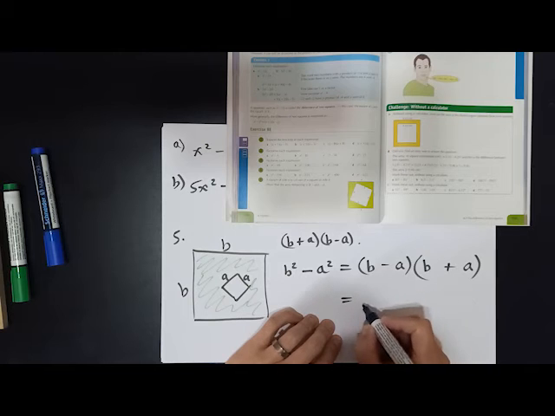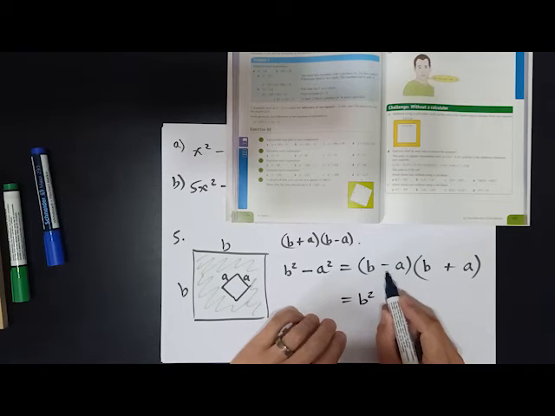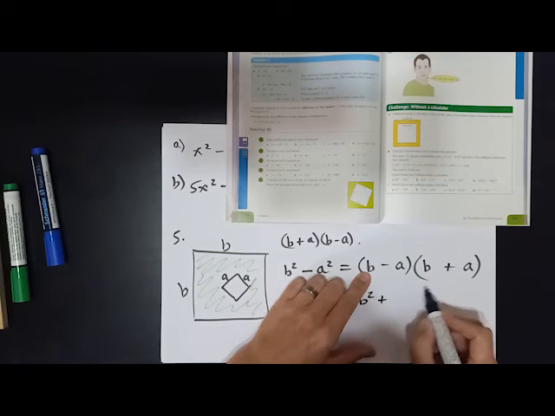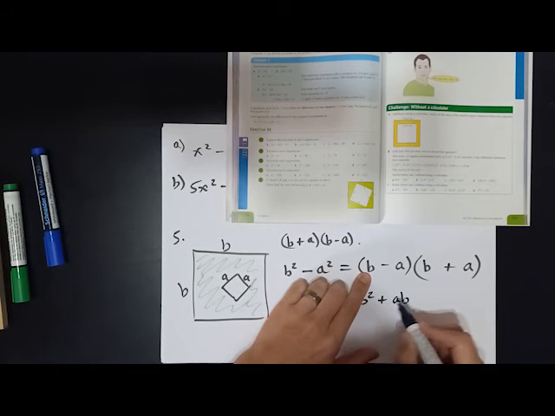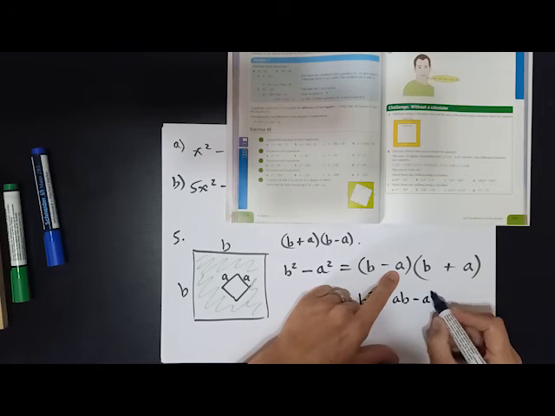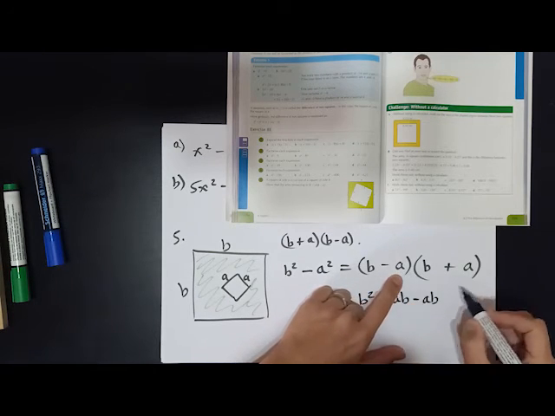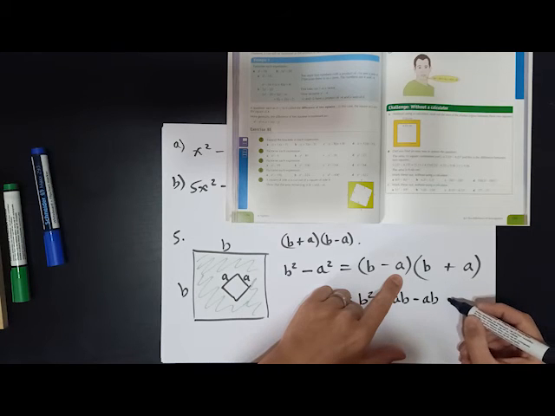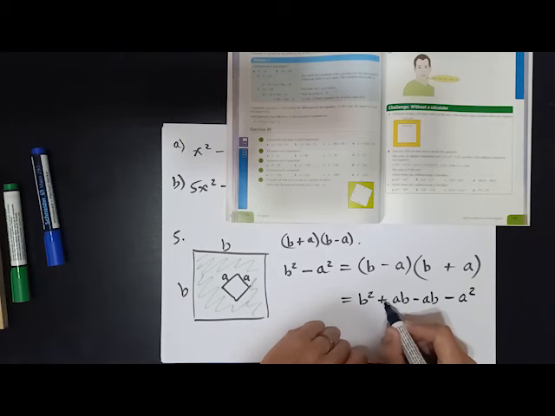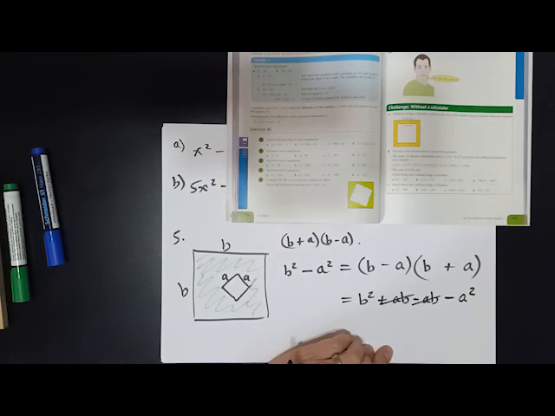So it equals B times B, B squared, and then B times A, positive, good. Keep them alphabetical. And then we've got minus A times B, minus AB, and then minus A times plus A is minus A squared. And look, plus AB, minus AB, they disappear.